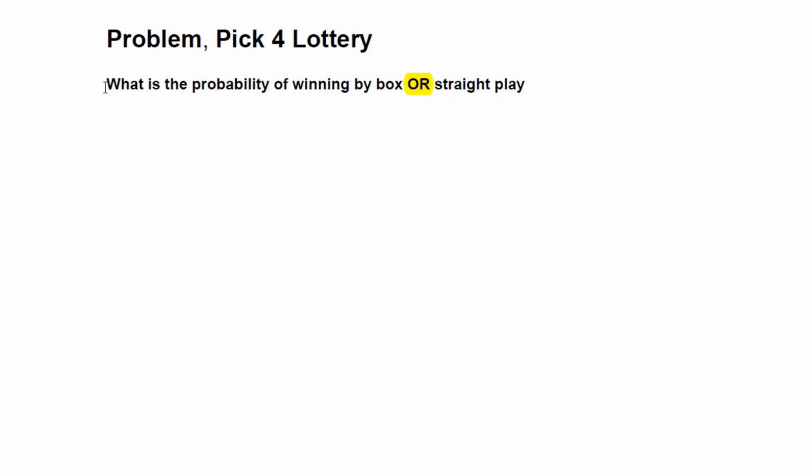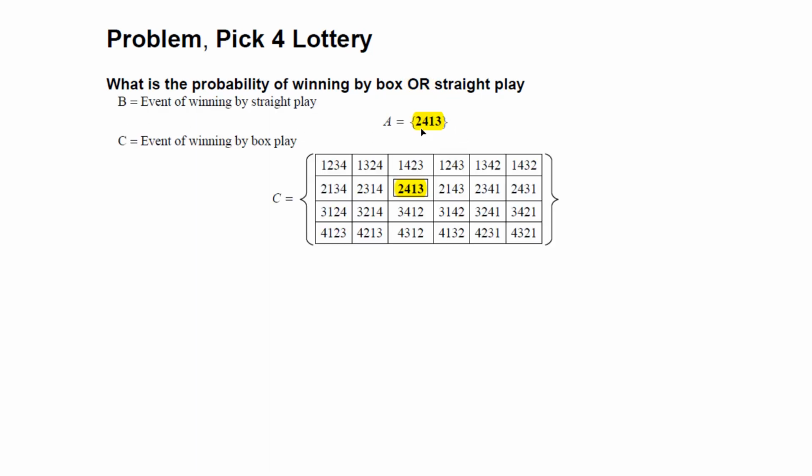Now the question is, what is the probability of winning by box or straight play? So let's assume we are playing these 4 different digit numbers, and we can arrange them in 24 ways according to the box play. So we need to win either one. So how many possibilities do we have here?